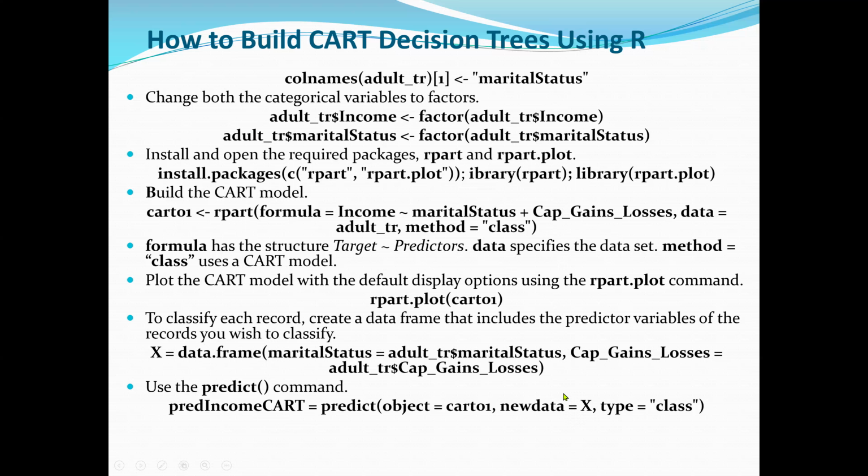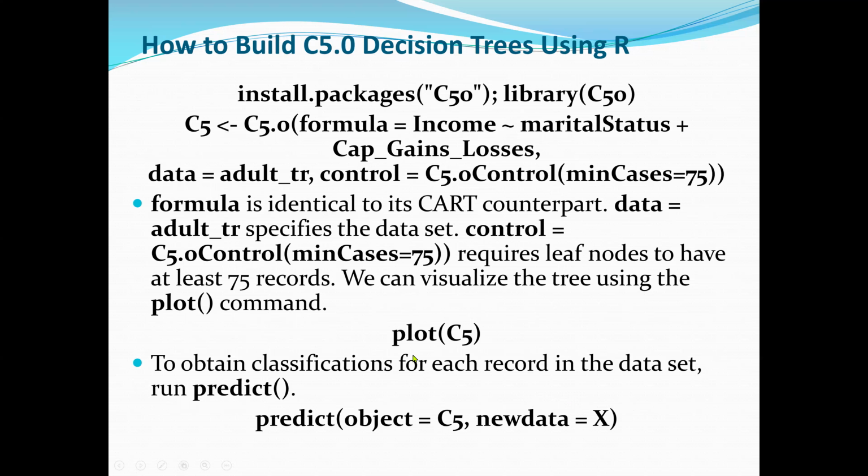Also, it's very important that the variable names in the new data frame exactly match the variable names used to build the CART model. Then we can use the predict function to build it.